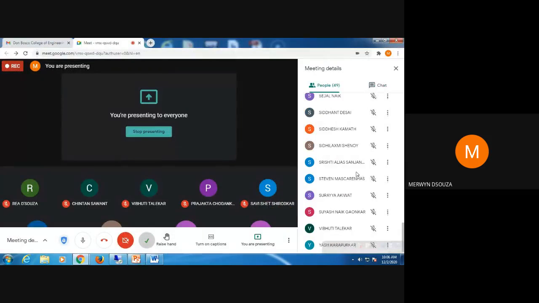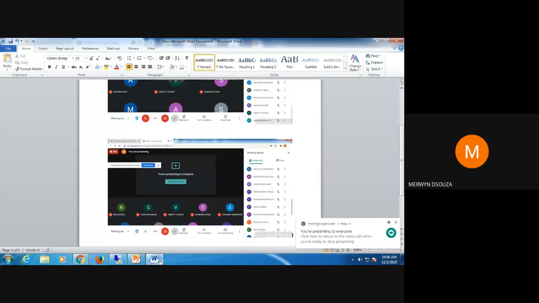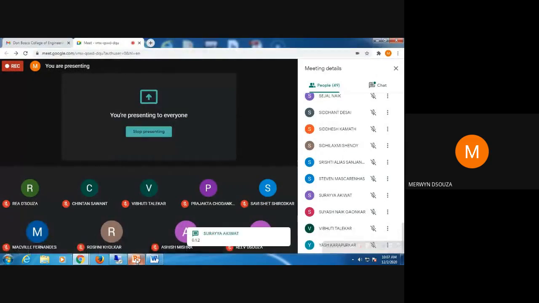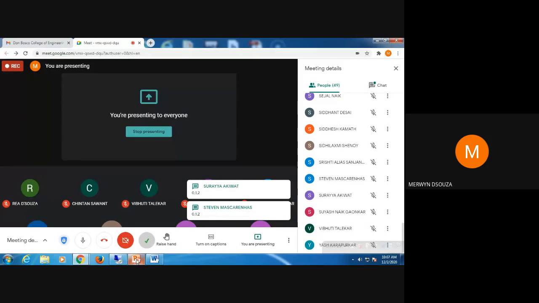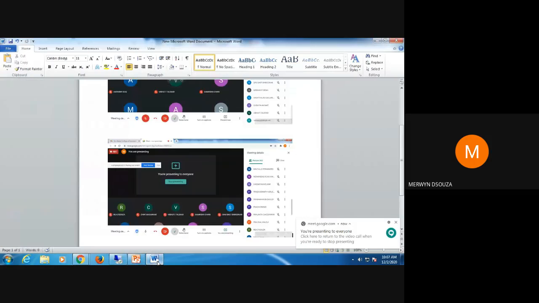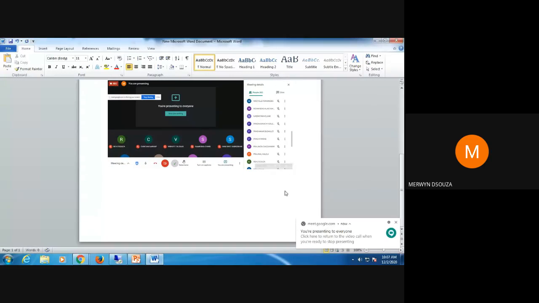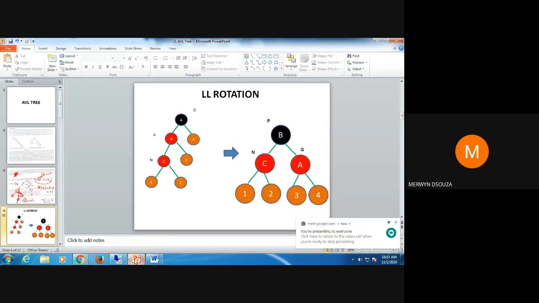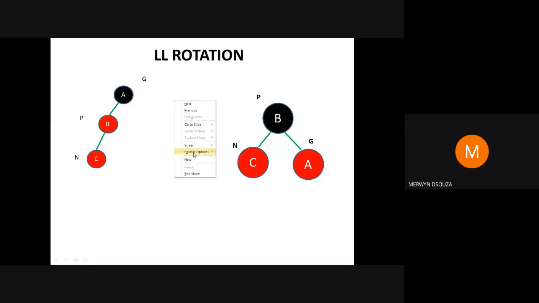Can you tell me, Suraya, Steven, Srishti, what are the balance factors? 0, 1, 2. Yes, correct. As you can see, this will be 0, this will be 1, and this will be 2.